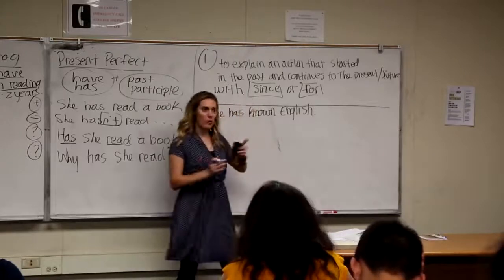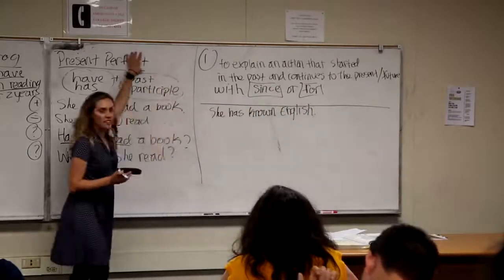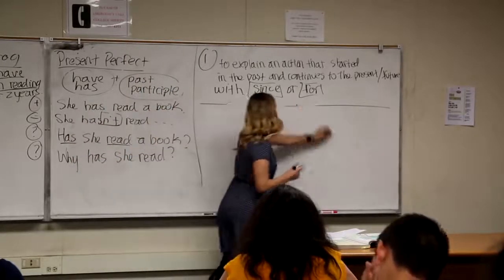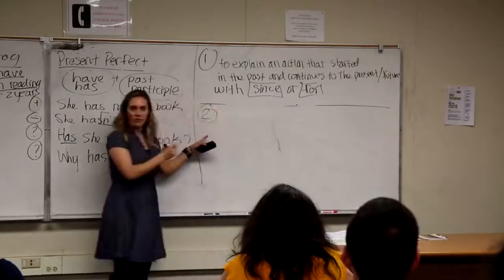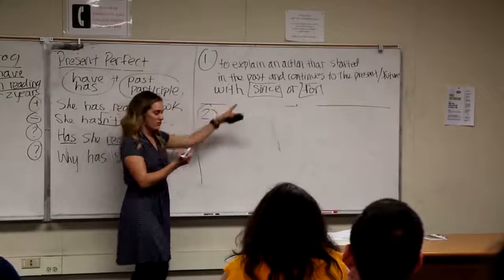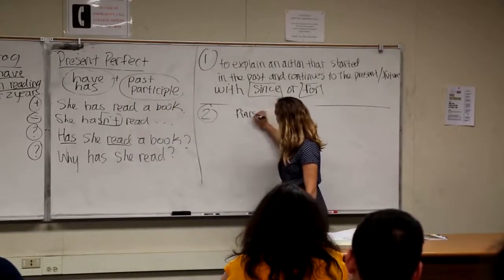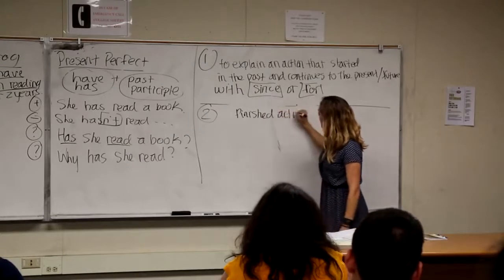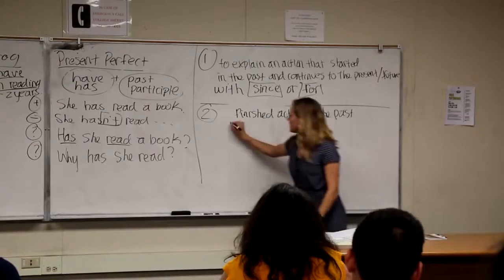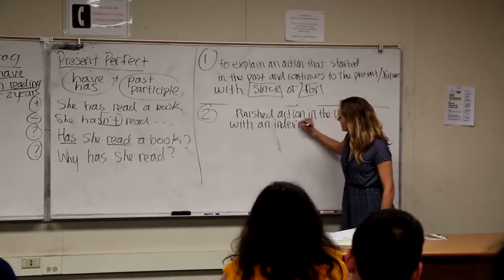So it's very important: if you use since and for with the present perfect, it means that it's continuing, right? But if you don't, it has a totally different meaning. So if you use the present perfect without since and for, it means a finished action in the past with an indefinite time.